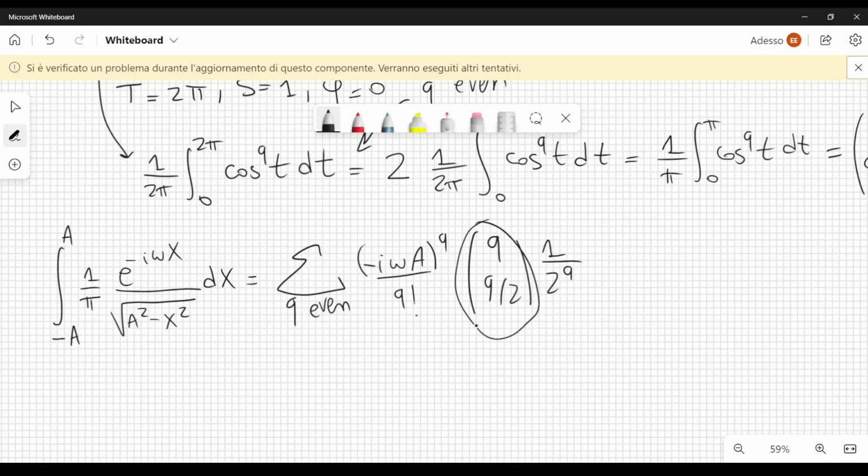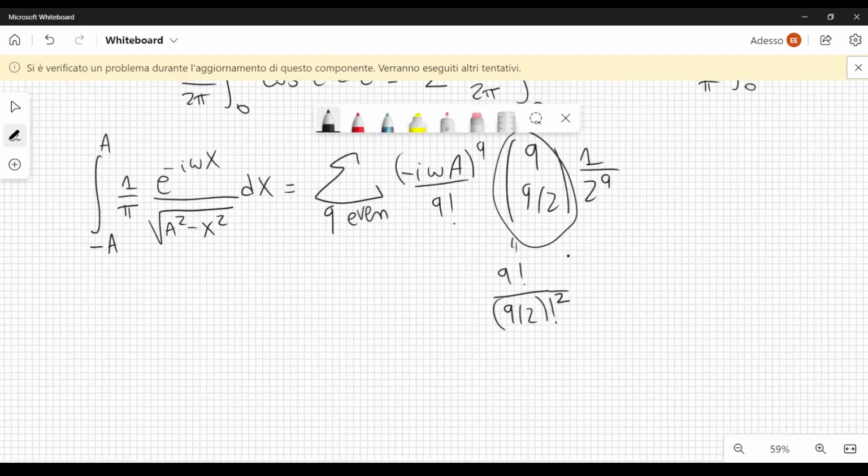Now we can rewrite this as q factorial divided by q halves factorial times q halves factorial, so we have q halves factorial squared in the denominator, and therefore this can be simplified.